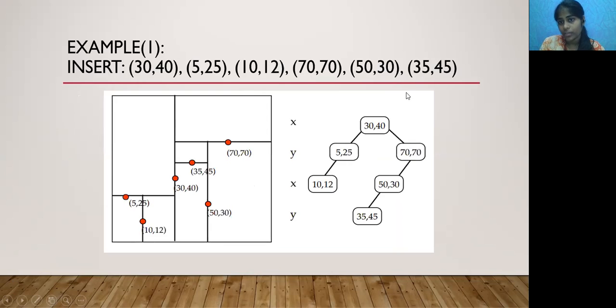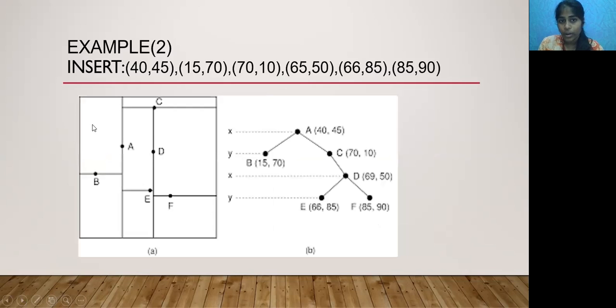When we compare 35 with 30, it's greater, so it comes under the right subtree. But when we compare with the x coordinate of this particular node, that is 35 and 50, 35 is smaller than 50, so it comes onto the left side. And this is the two-dimensional representation of the given example.